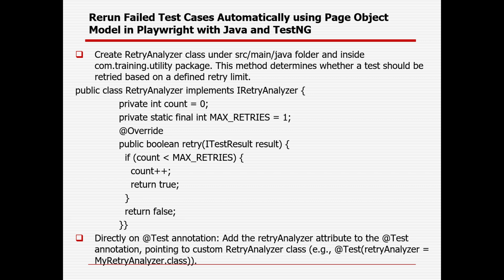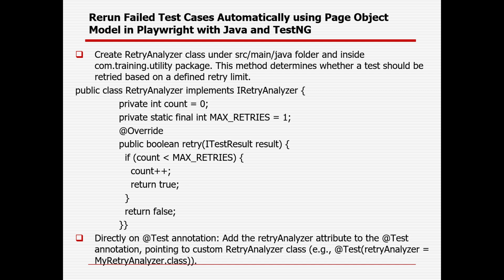And after that, you can go to the test cases and add the test annotation, and you can add retryAnalyzer equal to the class name dot class, so that those particular methods will try to retry based on the retry count given.